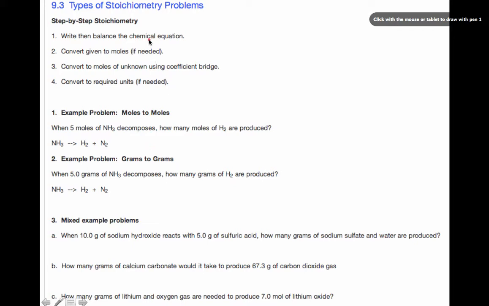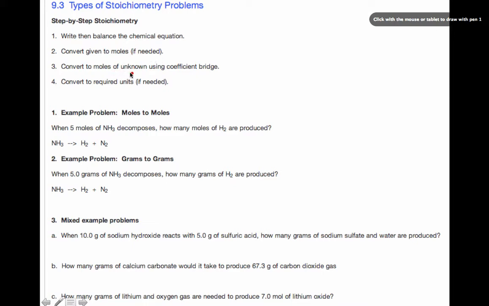This is stoichiometry with a chemical reaction equation, and the basic steps that we're going to do is you have to have a balanced chemical reaction equation to begin. If not provided with moles at the outset, you will first have to get to moles, because you can only relate two compounds within a chemical equation through moles.